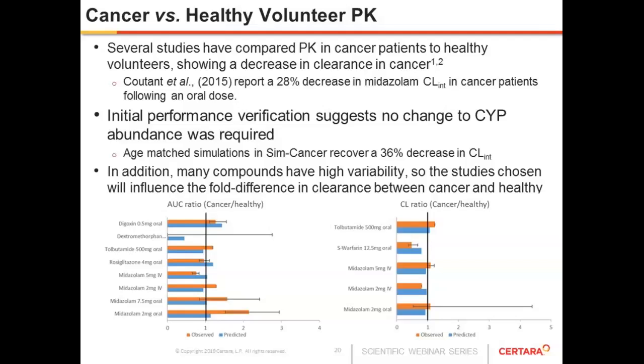So what we're comparing is AUC measured in cancer individuals and AUC measured in healthy individuals. One of the things to show and highlight in this analysis at the bottom is that there is a lot of variability between studies, and in this case there was only one example where there was a matched clinical study.